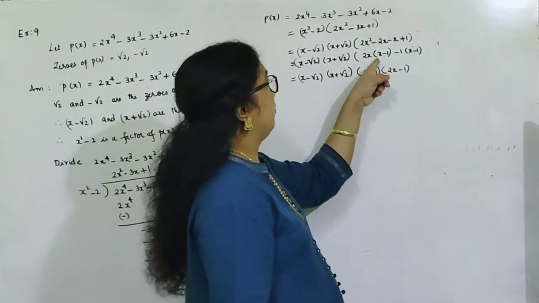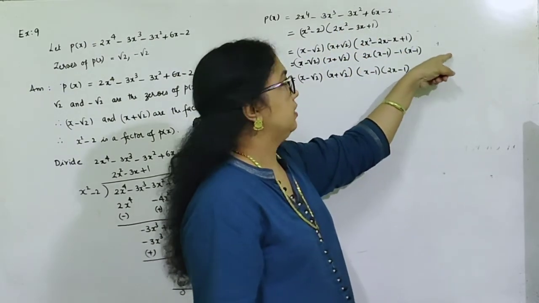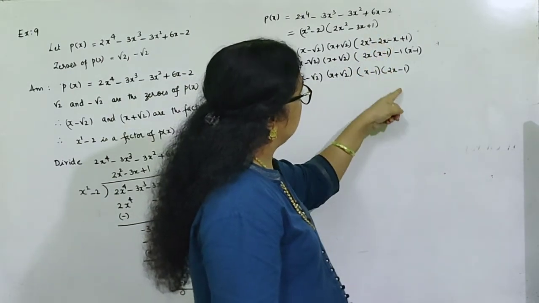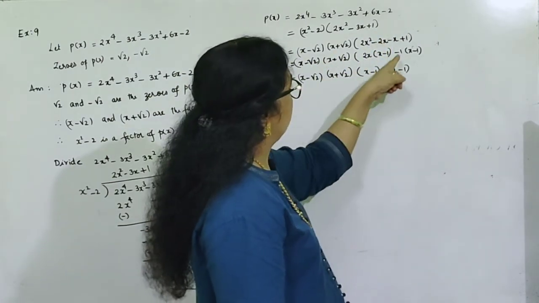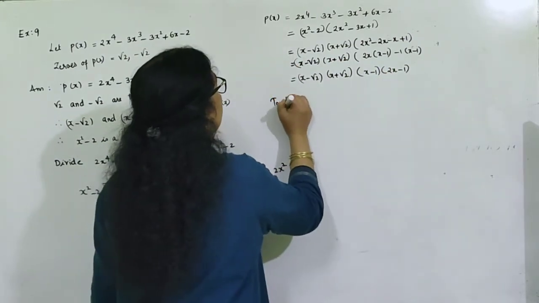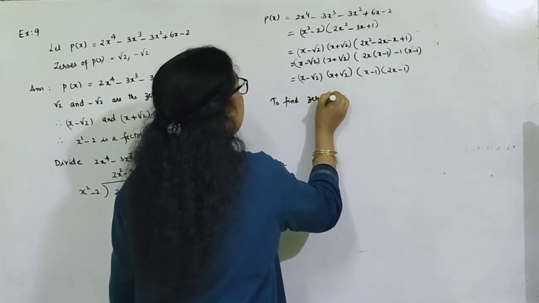These steps you can avoid: 2x square minus 3x plus 1, you can factorize inside, then substitute the values here. Otherwise, in each and every step like this, you have to do the factorization. Now, to find zeros, what do you do?